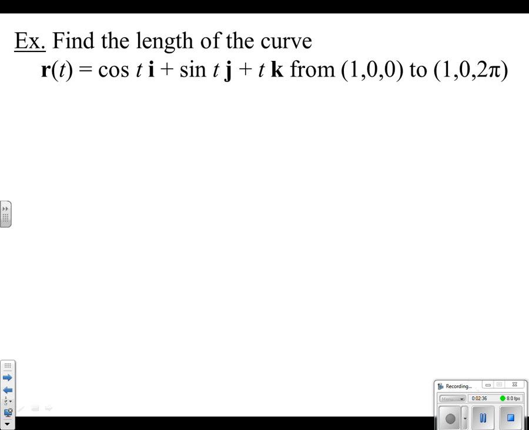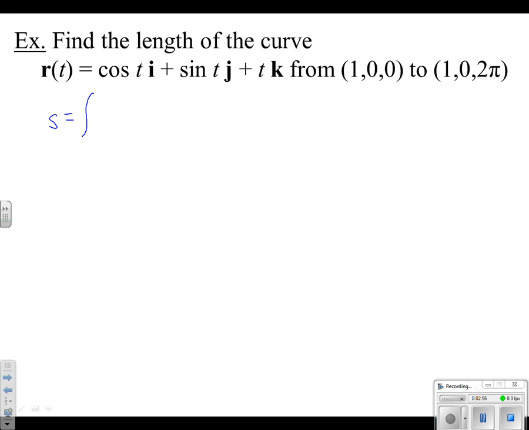So just to practice this a little bit, let's find the length of this curve. r of t equals cosine t i plus sine t j plus t k, as we go from the point 1, 0, 0 to the point 1, 0, 2 pi. So arc length, just a reminder, we do use the lowercase s for arc length. I don't know why, we just do.